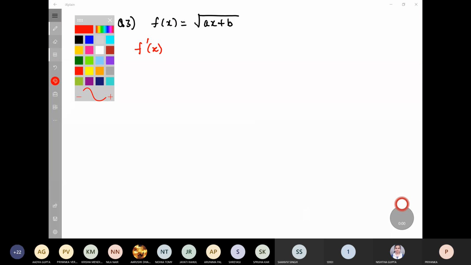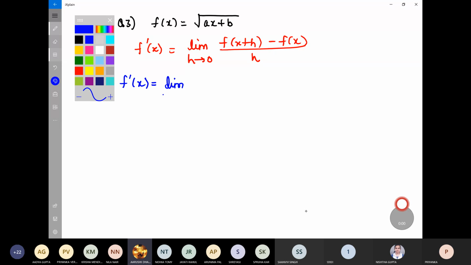It will be f dash x is equal to limit h tends to 0 f of x plus h minus fx upon h. Arushi, what will be the value of f of x plus h? Ma'am, it will be root of ax plus b. This is the function. Yes, ma'am.